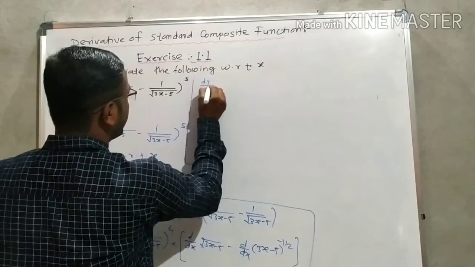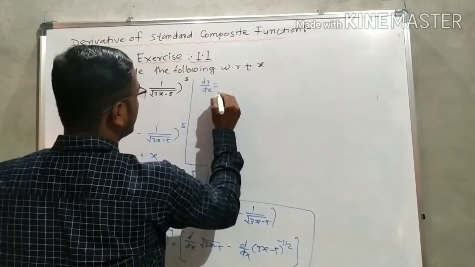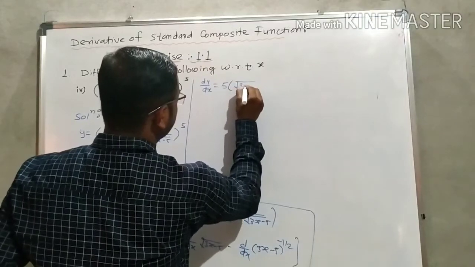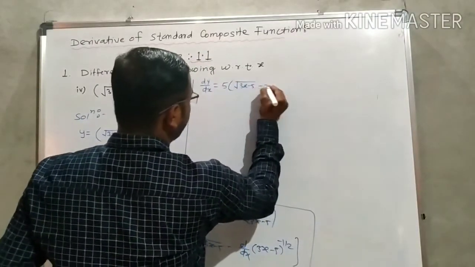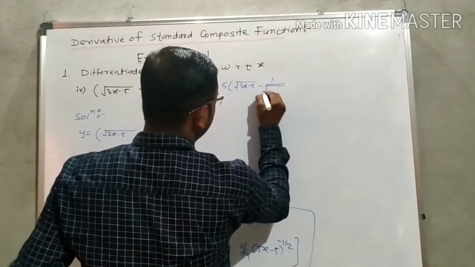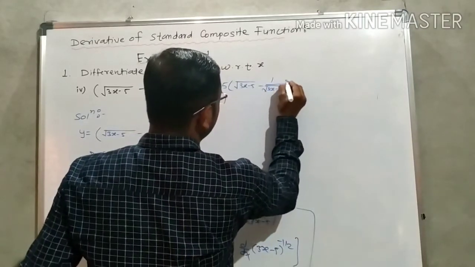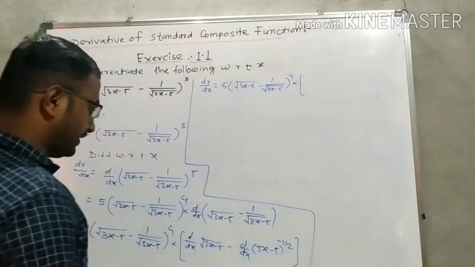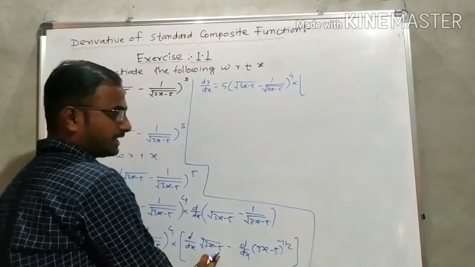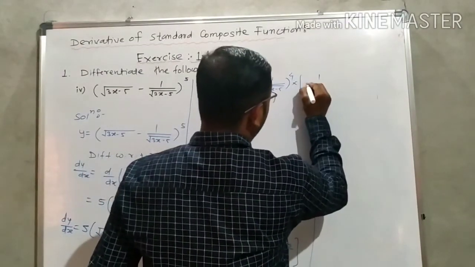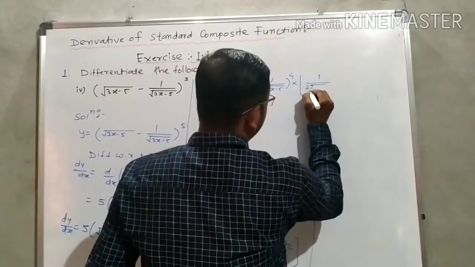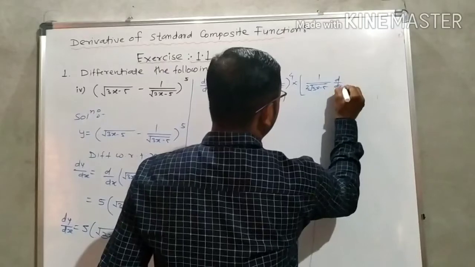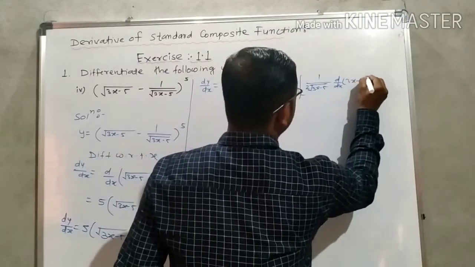dy by dx is equal to 5 into the bracket of square root of 3x minus 5 minus 1 upon square root of 3x minus 5, to the power 4, into the derivative of square root of 3x minus 5. So the derivative is 1 upon 2 into 3x minus 5, into the derivative of 3x minus 5.